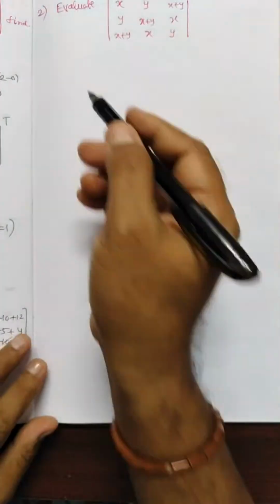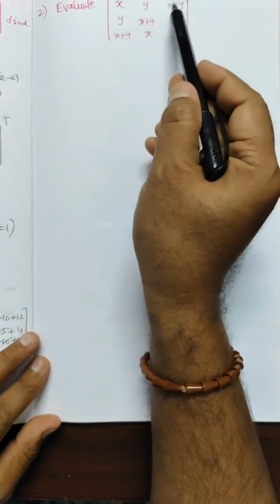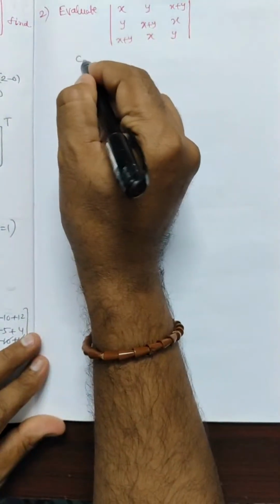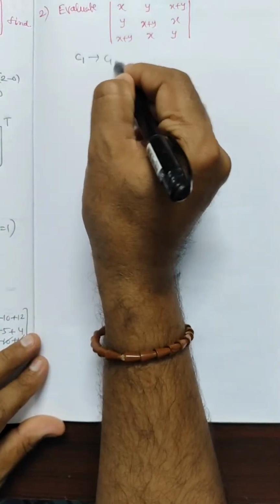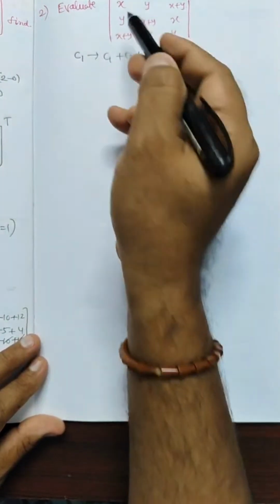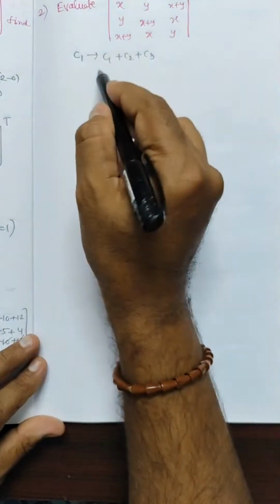Dear students, to solve this problem, normally we can do it as we did already in question number 3, this type of problem. But here, what I am doing is, since x plus y, x plus y appear, applying C1 tends to C1 plus C2 plus C3, column 1 plus column 2 plus column 3.